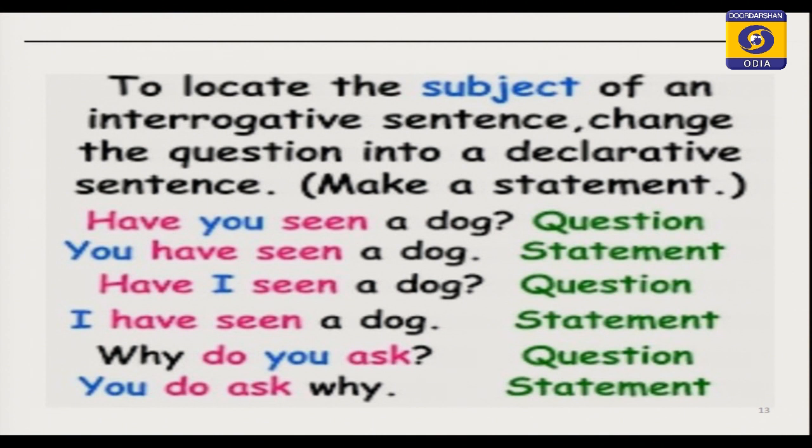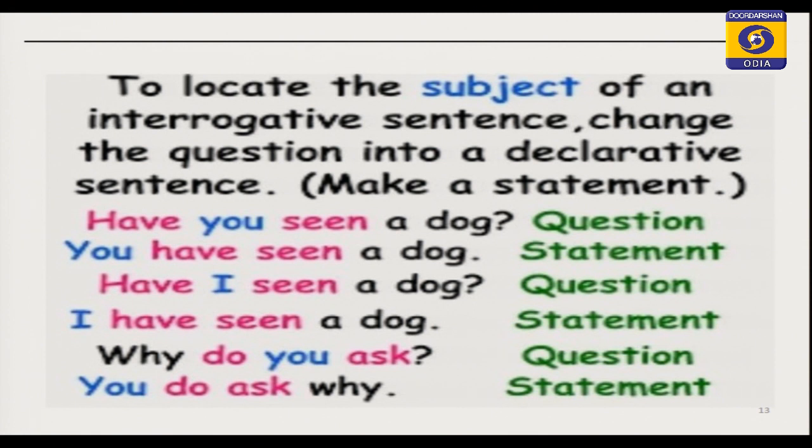Come to the next sentence: Have I seen a dog? This is an interrogative sentence. Turn it into a statement: I have seen a dog. So, what is the subject here? Yes, I, and that is also in blue color. Why do you ask? This is an interrogative sentence.